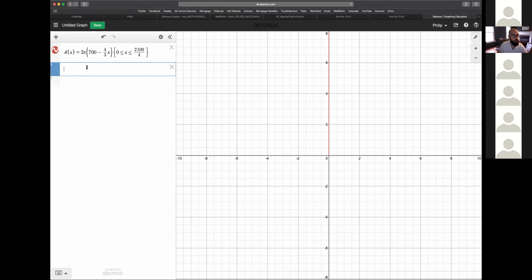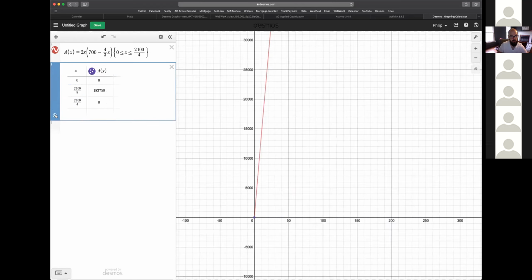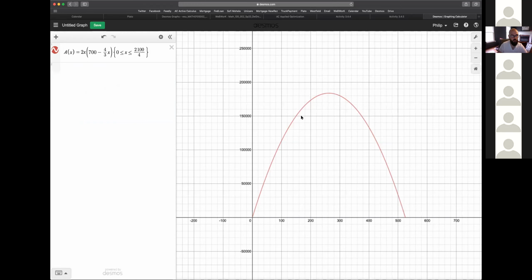Again, in Desmos, it doesn't always give you a nice window. So I can put some values into a table, and then I can use this zoom fit feature, which will give me a nice picture.